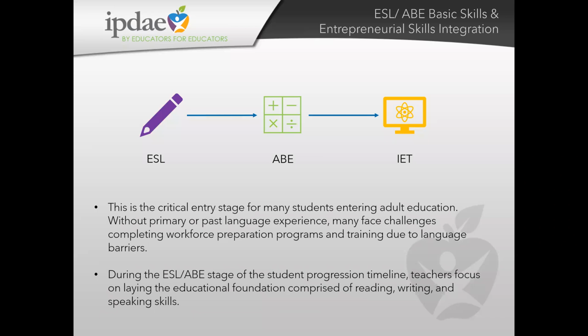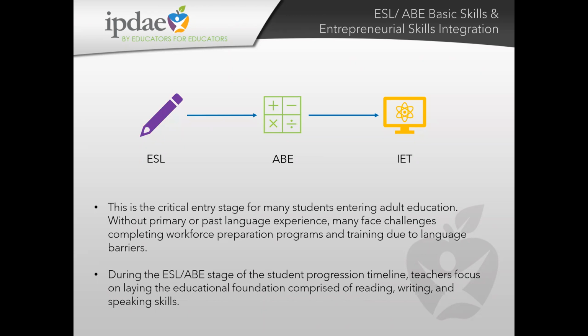Therefore, it is important that students succeed in this stage, as it will have a direct impact on student achievement throughout the rest of the student's progression. Although not all students will begin in this stage, it is important that educators understand the importance of the stage's effects on the students that do.